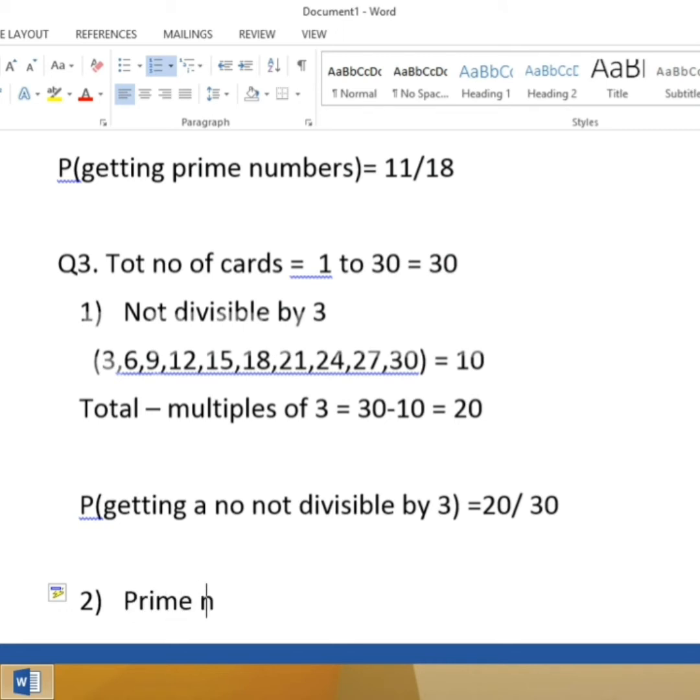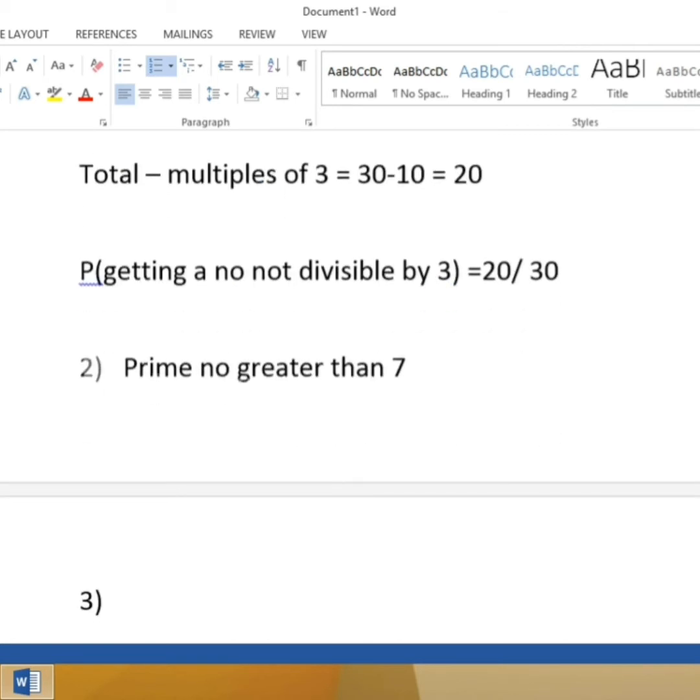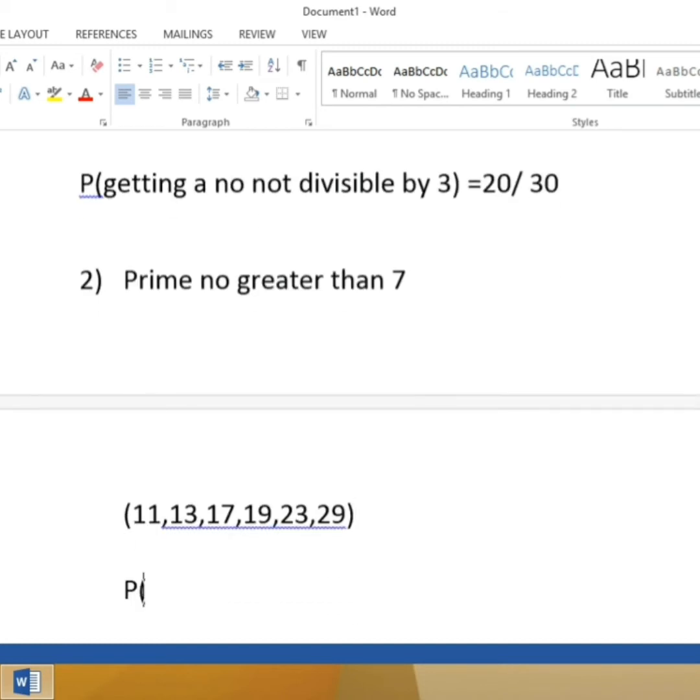The second part of the question is prime numbers greater than 7. From the total outcomes, we need to list them out. So 11, 13, 17, 19, 23, 29 are the numbers greater than 7, and they are prime as well.